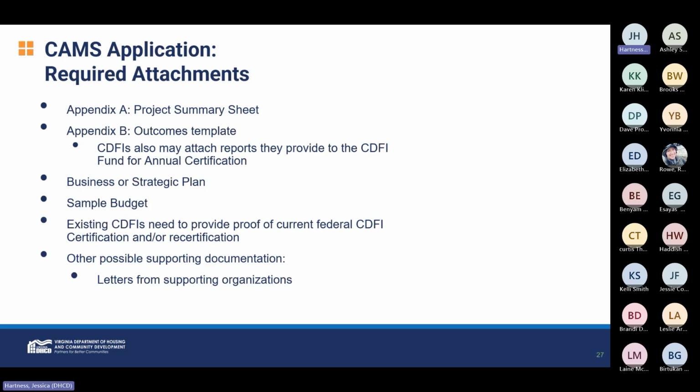In terms of required attachments, we have 4 that must be submitted with the application. All of these have templates that are a part of the program design or that I can provide to you. So if you are looking for specific help on the attachments, feel free to reach out.